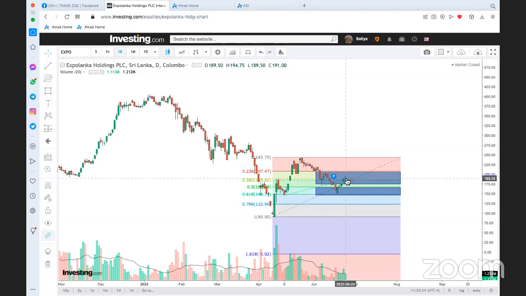So the distance is like ₹3.75, right? So the body is 1.50, the tail is 3.75. Double of 1.50 is ₹3. So this is 75 cents higher than double the body. It's a shooting star with a bullish close. The only positive thing is the bullish close.